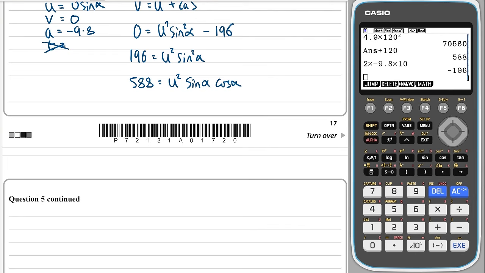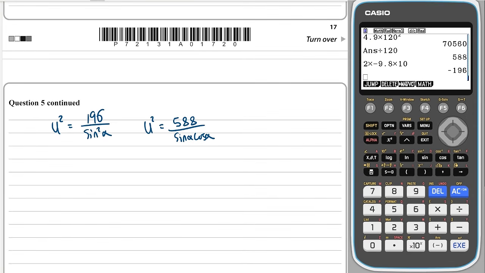So I'm going to rearrange for u squared. In the first equation I get 196 over sine squared alpha, and in the second equation I get 588 over sine alpha cos alpha. Now because they're both equal to u squared, I can eliminate the u squared and set them equal to one another.